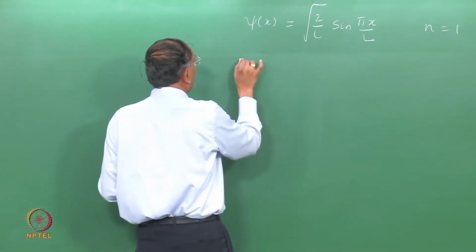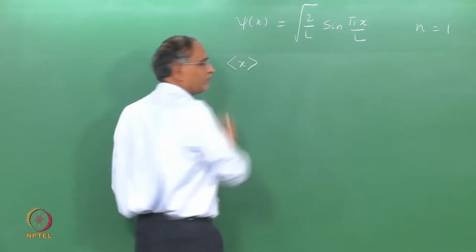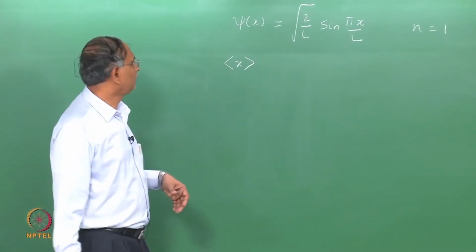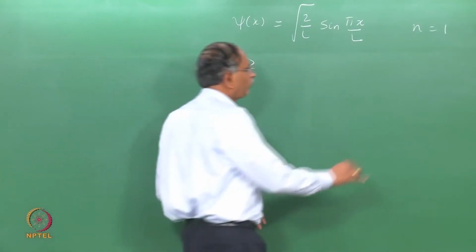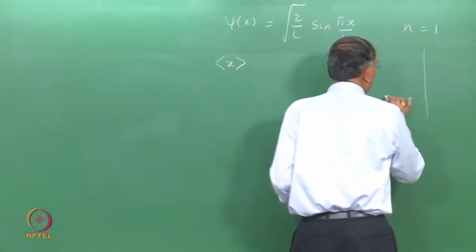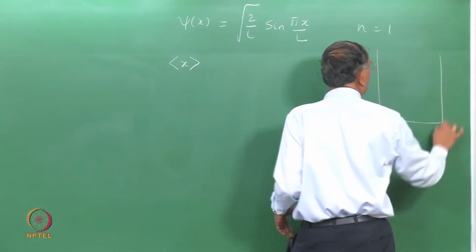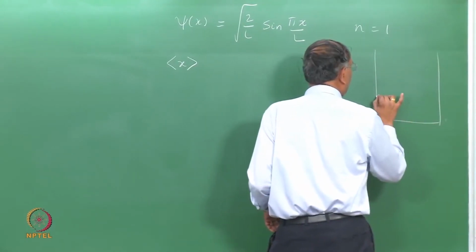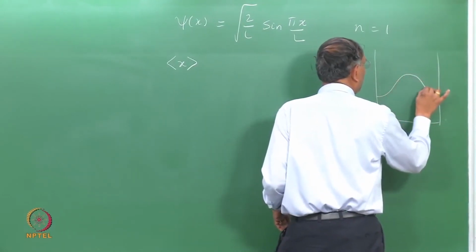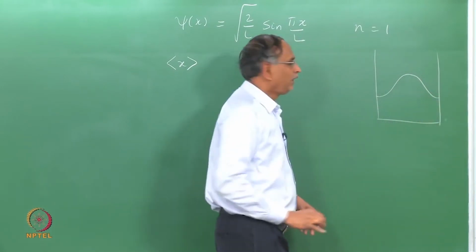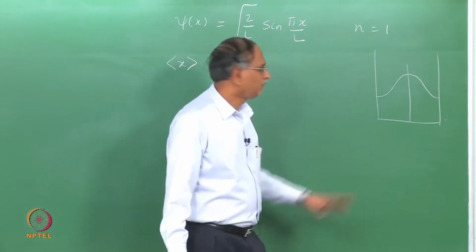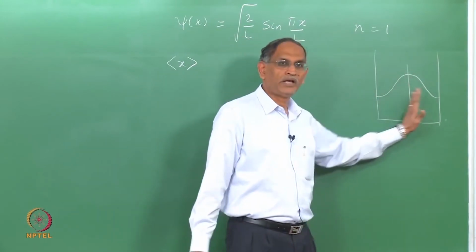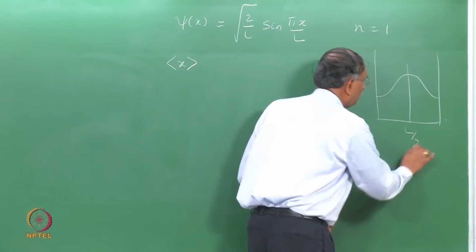If we try to calculate the average value of x for the particle in this state, whose wave function and the probability of the particle at various points is symmetrically the same on either side of L by 2.